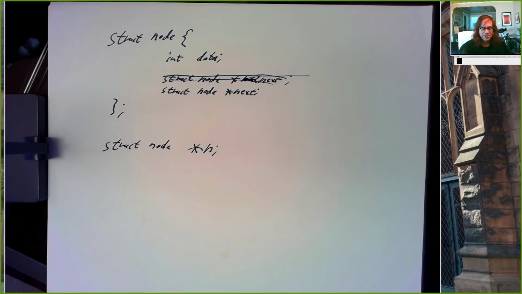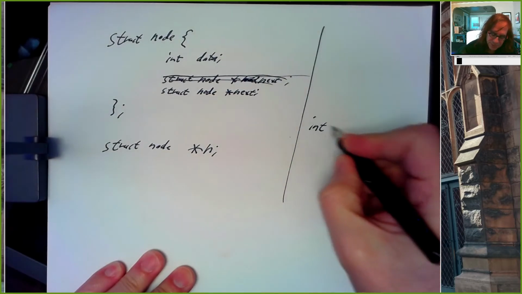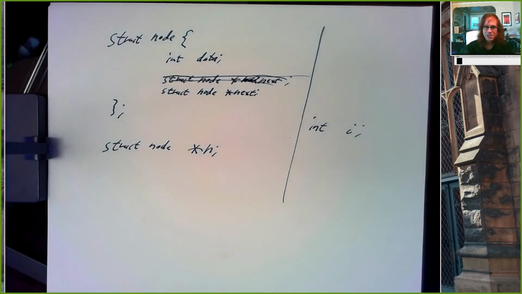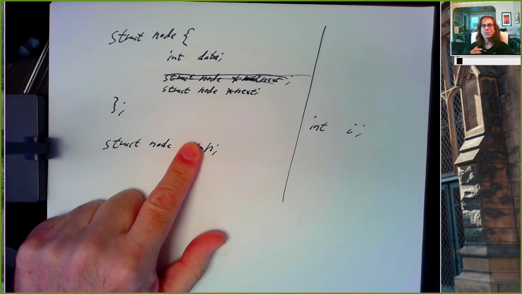basically. So the trick is, remember, if you declare a variable in C, it's not initialized for you. If I say int i, I have no idea what the value of i is. Well, if I say struct node n, n is a struct node, but I have no idea what the value of it is.